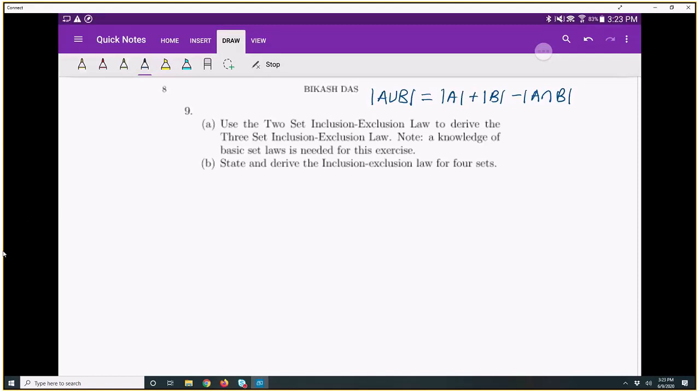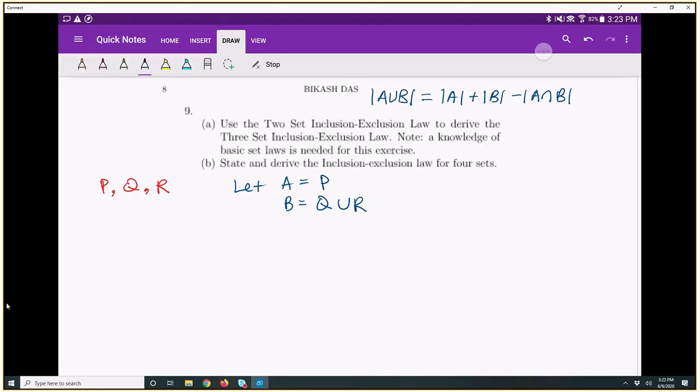Now suppose I have 3 sets. Maybe I have A, B, and C. Let me give them different names. So I have 3 sets there, P, Q, and R. And I'm going to let A equal P, and I'm going to let B equal Q union R, and then I'm going to plug it into the formula that I already have.